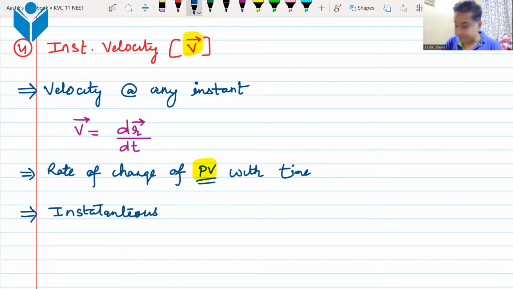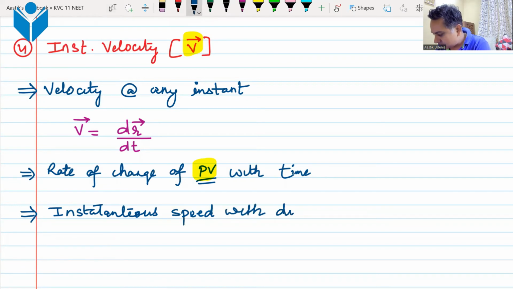So instantaneous speed with direction becomes your instantaneous velocity. Do we understand this?